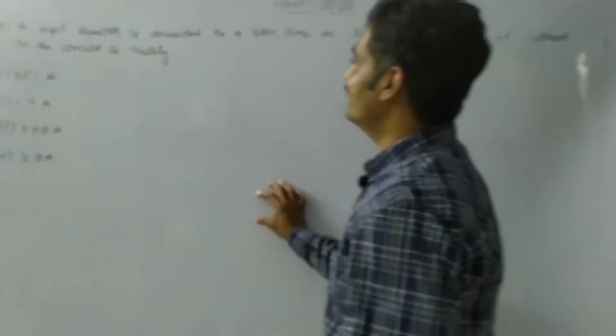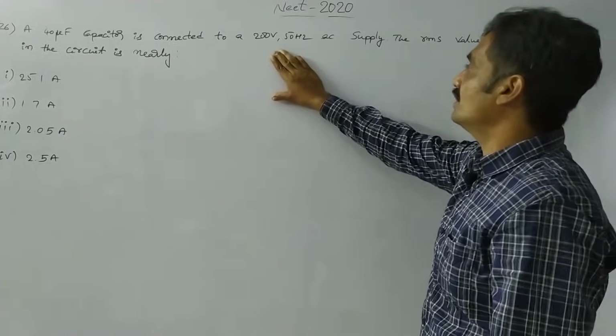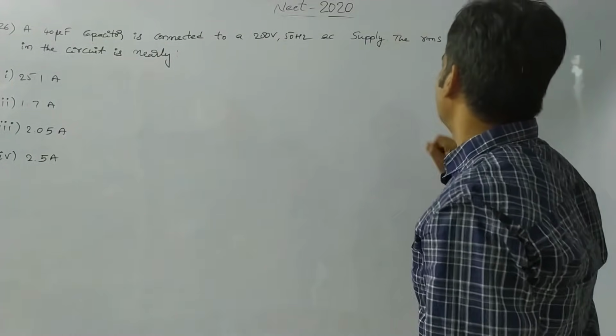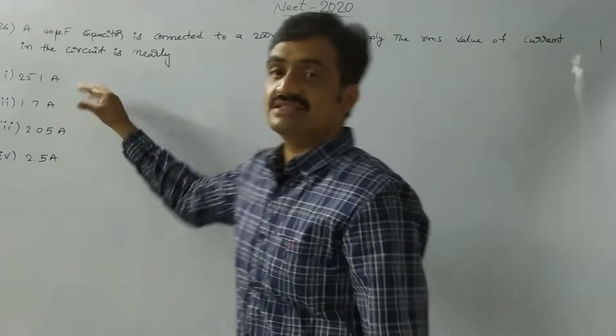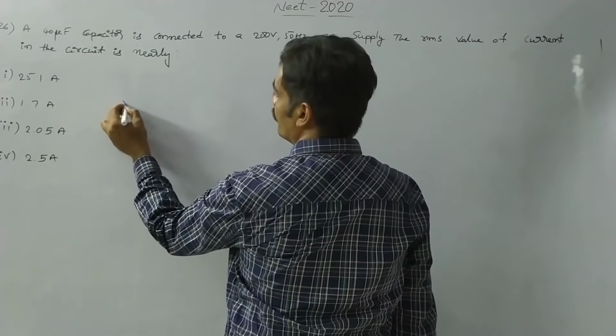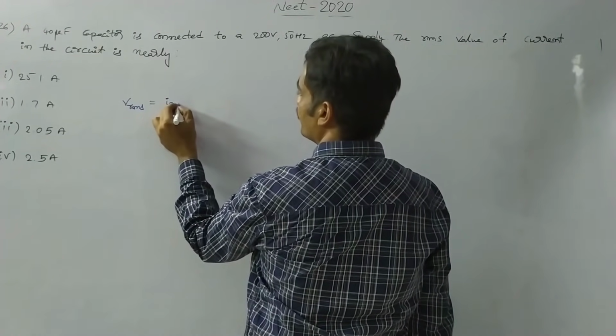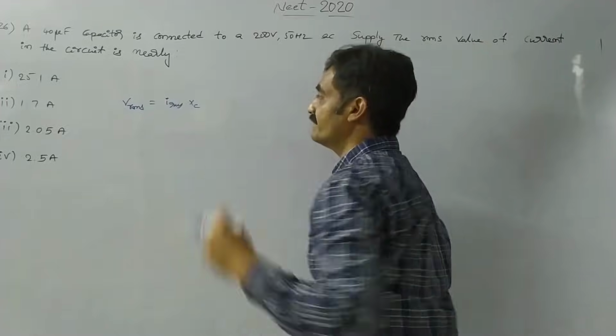The next question is, a 40 microfarad capacitor is connected to a 200 volt, 50 Hz AC supply. The RMS value of the current in the circuit is nearly? Here we know that the RMS value of voltage equals the RMS value of current into the resistance due to the capacitor.